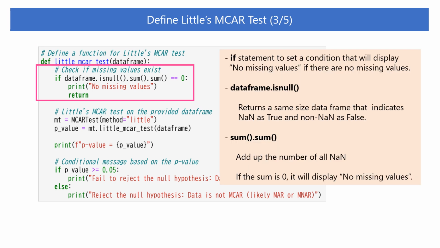Next, let's use an if statement to set a condition that will display no missing values if there are no missing values. df.isnull returns a data frame of the same size that indicates missing values as True and no missing values as False. By using sum twice, we will add up the number of all missing values, and if the sum is 0, we will display no missing values.